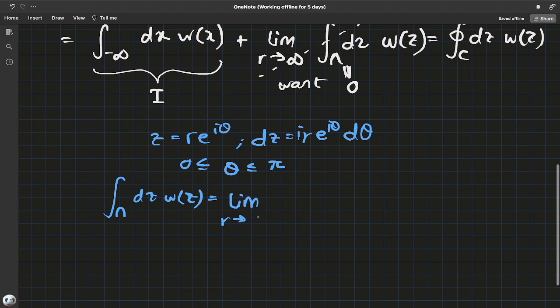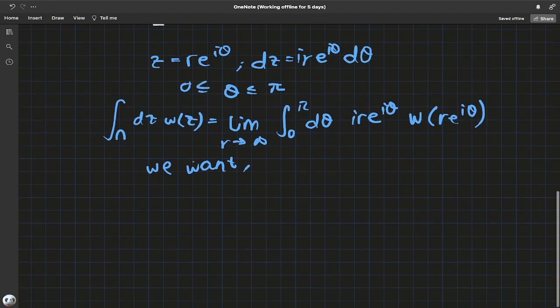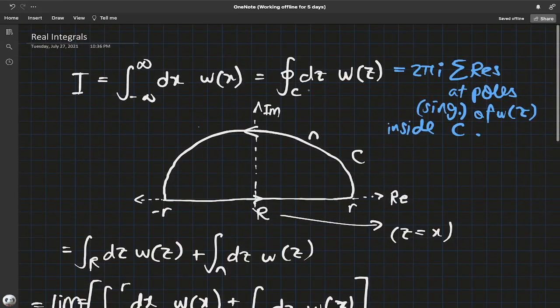Limit as r goes to infinity, 0 to pi d theta i r e to the i theta w of r e to the i theta. So closely, we want this guy to go to 0, otherwise we won't be able to set them equal.